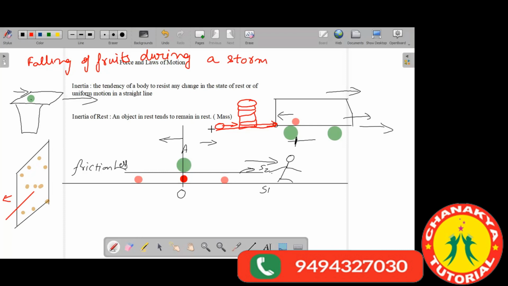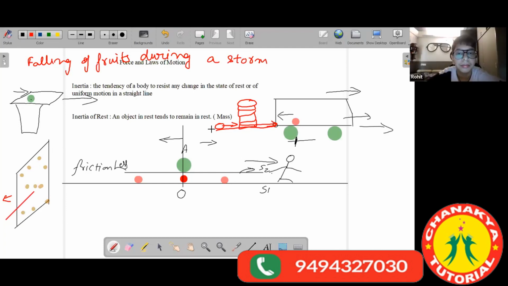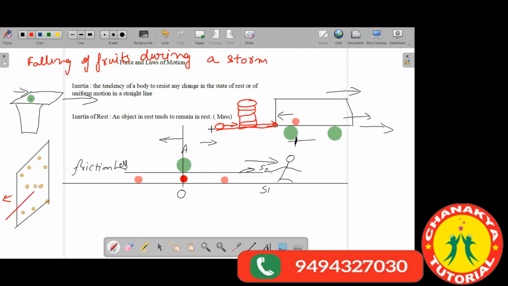See, due to the friction between the different tokens, of course there is friction between all the tokens, so they will tend to move. Now it depends how much is the force of friction between them. If the force of friction between them is very less, you can strike them and none of them will fall. Okay sir, got this inertia of rest.